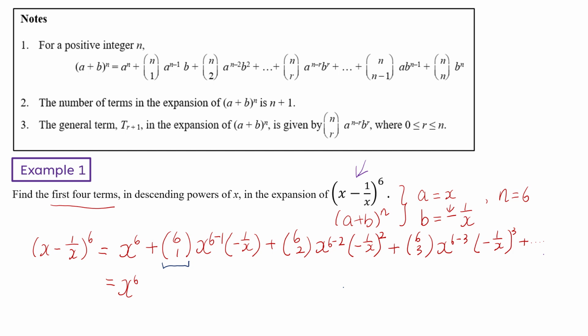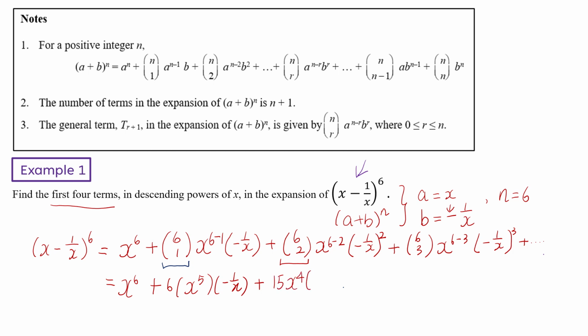So that gives you 6. x to the power of 6 minus 1 will give you x to the power of 5. Do the same for this term. So press 6, shift nCr 2, and you will get 15. x to the power of 4.